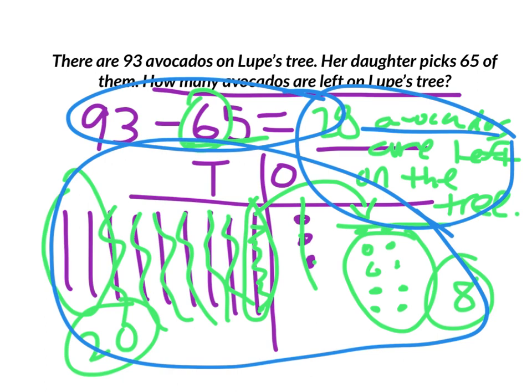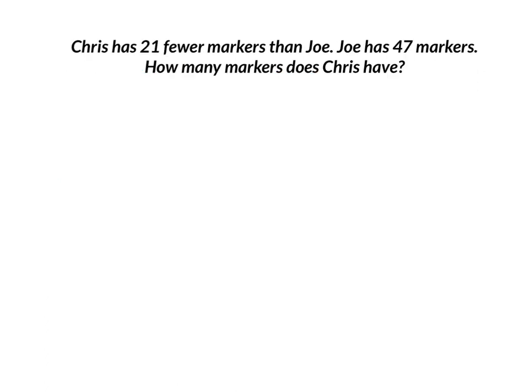Okay, let's do one more problem. Chris has 21 fewer markers than Joe. Joe has 47 markers. How many markers does Chris have? This type of problem is always challenging for kids. Even me, I stop and have to think, okay, what are we trying to figure out here? Well, it says that Chris has 21 fewer markers than Joe.